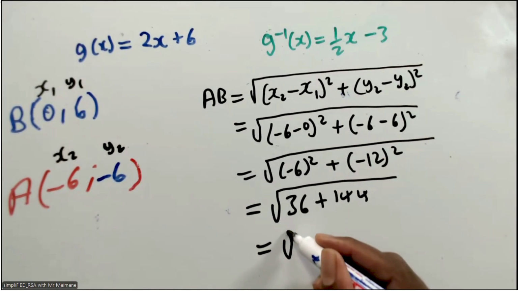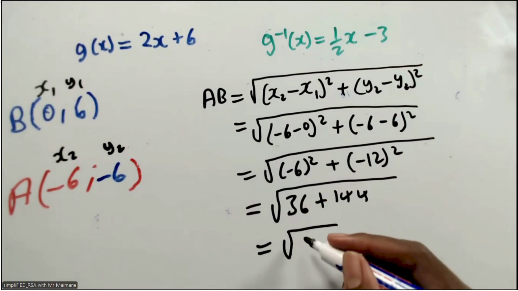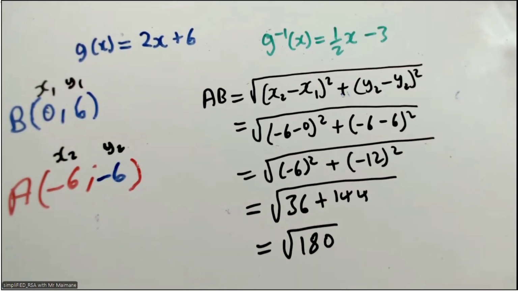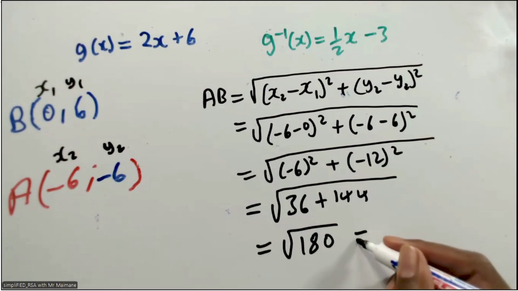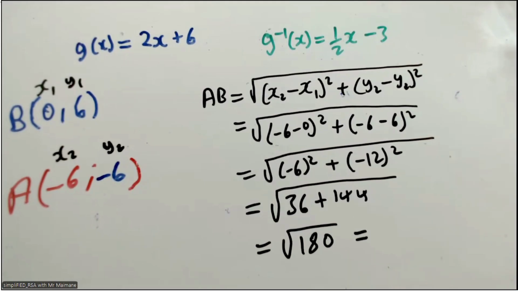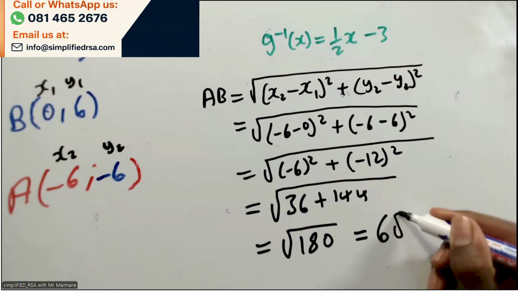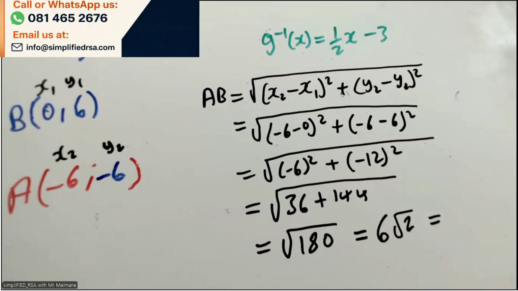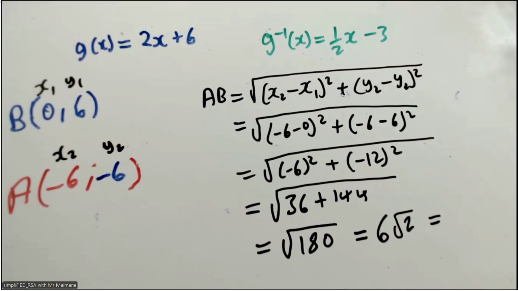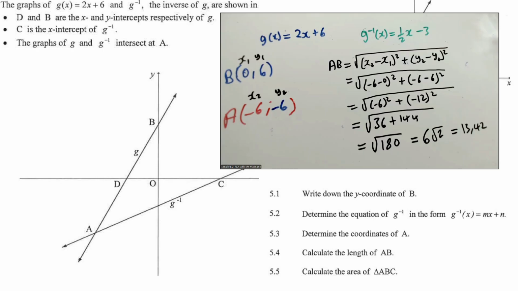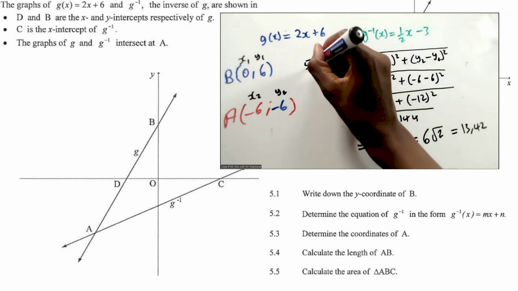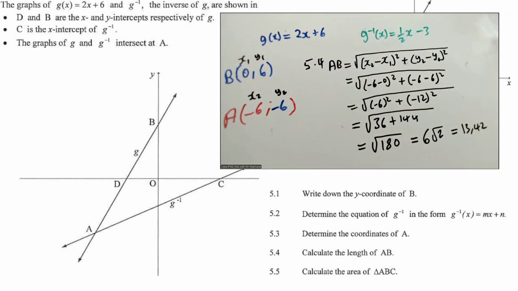And then I will have the square root of 36 plus 144, which is 180, which means that my answer, if I punch this on a calculator, I will get 6√5, which is roughly equal to 13.42. So that's the length of AB. That is the answer for 5.4.